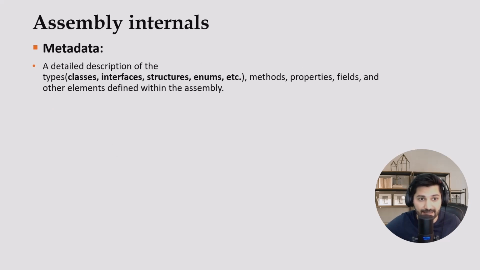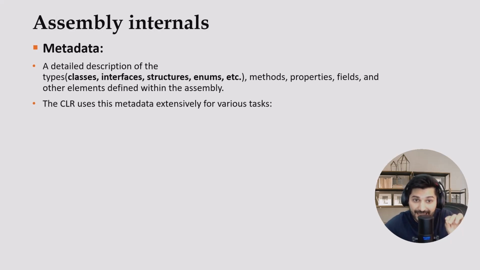And the metadata, a detailed description of the types. When you're working with attributes, custom attributes, when you create your own attributes, all the information will live in our metadata. When you build your application, it actually consists of multiple types, like classes, interfaces, structures, enums, attributes, etc. So we have metadata that stores all this information with more detailed data like methods, properties, fields, and other elements.